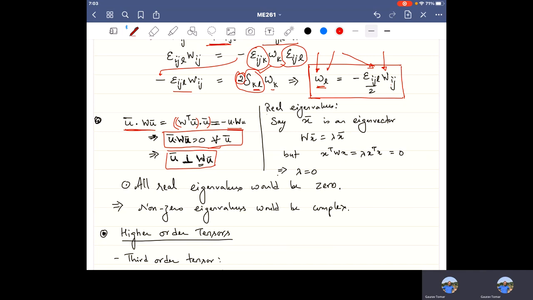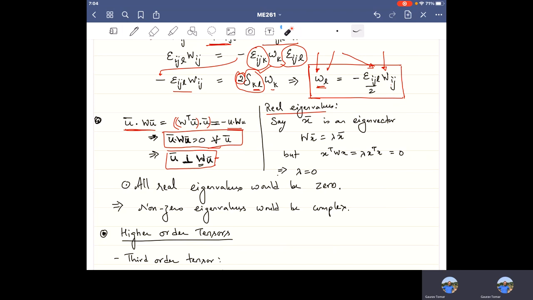Now for a real eigenvalue, suppose W has real eigenvalues. Using this property, let's say we have W operating on X equals lambda X, where X is an eigenvector corresponding to a real eigenvalue lambda. Let's say lambda is real.